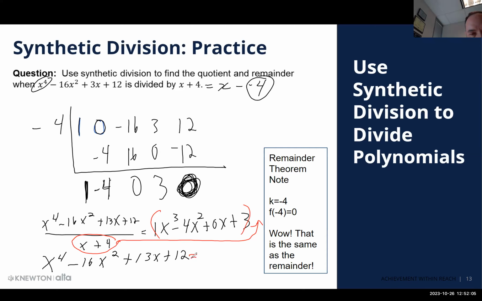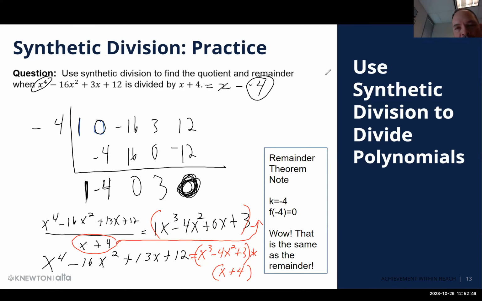And so what I end up with is this expression, which is x cubed minus 4x squared, and it's just plus 3. And this is just because of space, but it's going to be times x plus 4. So I'll put a multiplication symbol there. That's not an x, it's a multiplication symbol, so maybe I'll put a little star. And so it's the idea that you can basically factor the original polynomial.